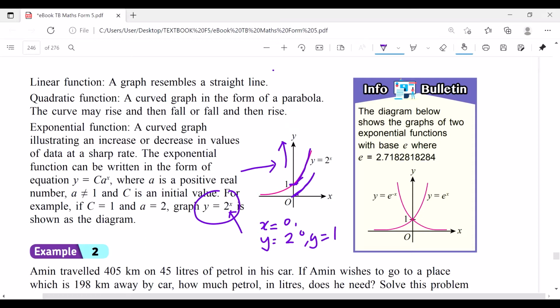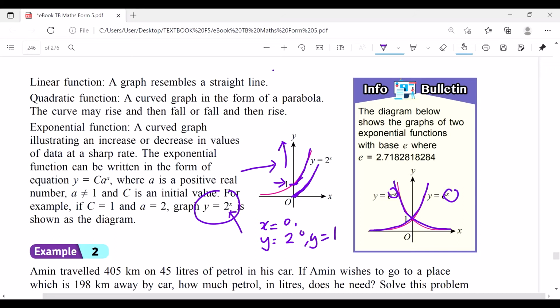So that's why it starts at 1 here, and it will never start at 0 for exponential graph. It cuts the y-axis, and it can be the other way. If your x is negative, the exponent is negative, so your graph will be like this, just the opposite. This one is when your x is positive.